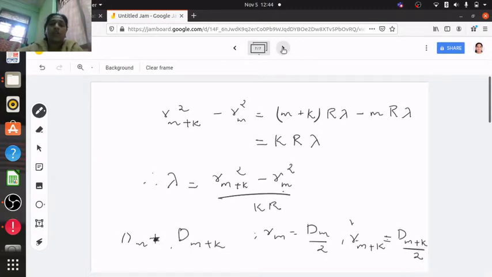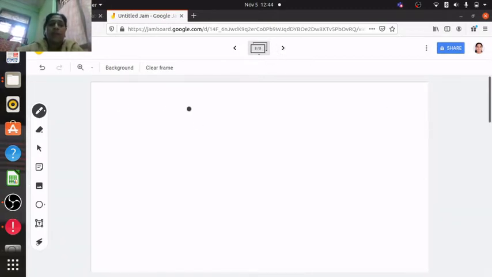Therefore, how is this equation going to convert? Lambda is equal to R_{m+k} squared, which means D_{m+k} squared by 4, minus R_m squared, which means D_m squared by 4.